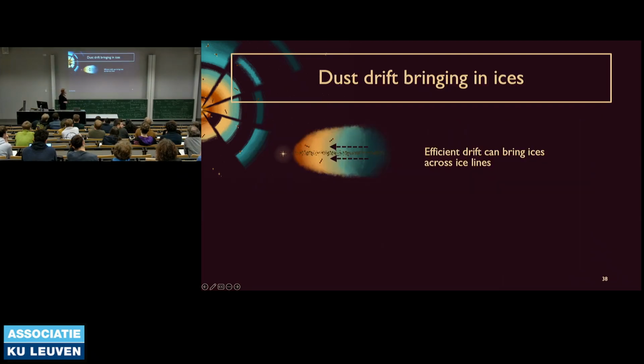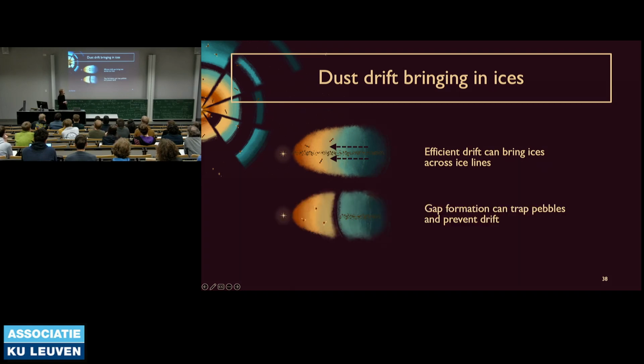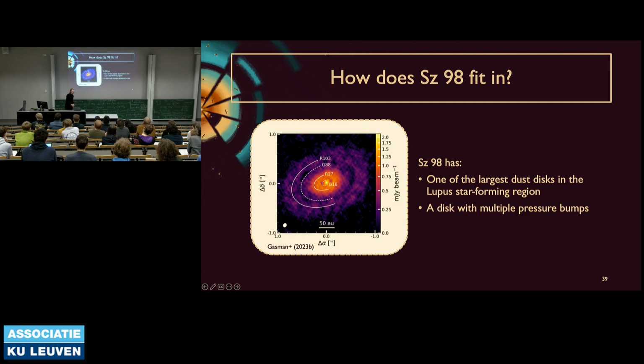This is likely related to drift. As I said, these icy pebbles drift inward, they sublimate and create water. So if you have a full disk, this can freely happen and you would get a lot of water in your inner disk. However, if you have a gap, this would prevent this drift and trap the pebbles, and this wouldn't happen. That's the theory. So how does SZ 98 fit in?